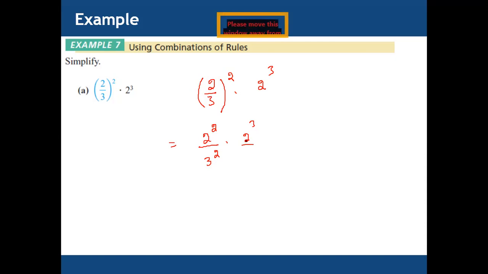As you know, the denominator of this one is 1, so multiply numerator with numerator and denominator with denominator. 2 power 2 and 2 power 3 equals 2 power 2 plus 3, because the base is the same, so we add their powers. We have 3 power 2 multiplied with 1, so 2 power 5 divided by 3 power 2. 2 power 5 means 32 divided by 3 power 2 means 9. So 32 divided by 9 is the simplified answer.